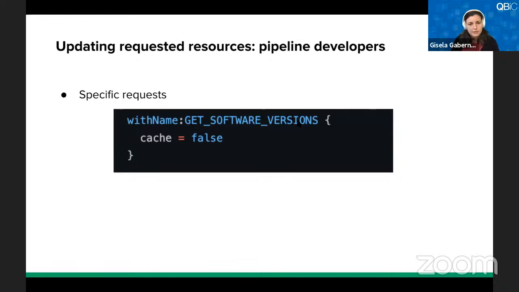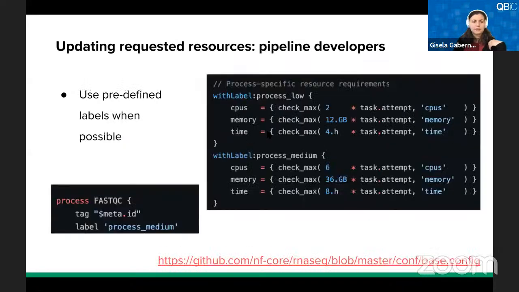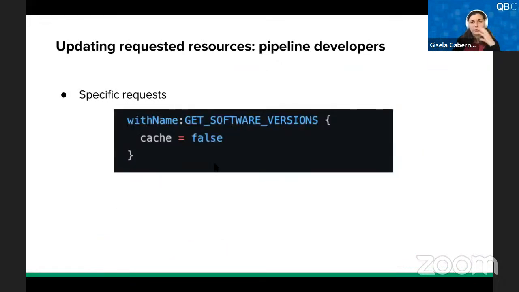In the case of DSL2, the name of the process should still be the name that is defined as part of the pipeline code here in process name, and not also including the name of the workflow or sub-workflow where this module is present. So that's how a specific request can be defined.